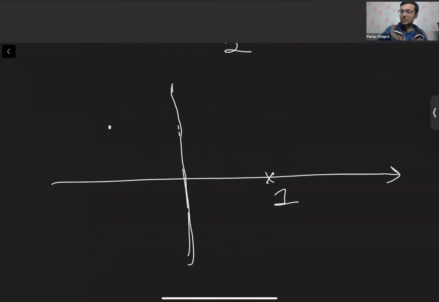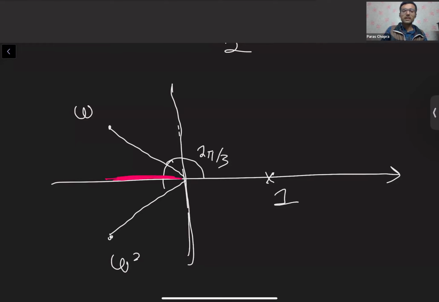The second cube root is omega, which is at an angle of 2 pi by 3 from the x-axis. And then omega square is at an angle 4 pi by 3 from the x-axis. So if you use trigonometry, you can prove that this line segment will be equal to -1 by 2 and this length will be equal to positive root 3 by 2. So this omega will be equal to -1 by 2 plus iota positive root 3 by 2. And similarly, omega square will have both the quantities negative. So this will be -1 by 2 negative iota root 3 by 2.